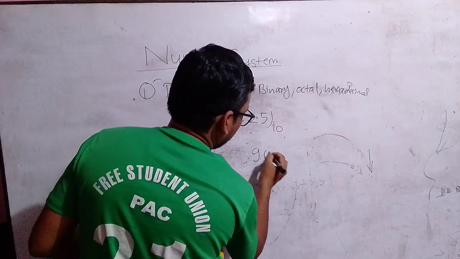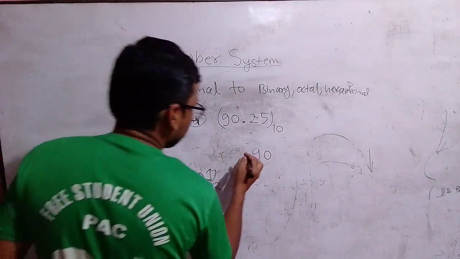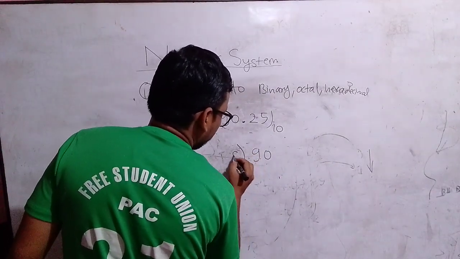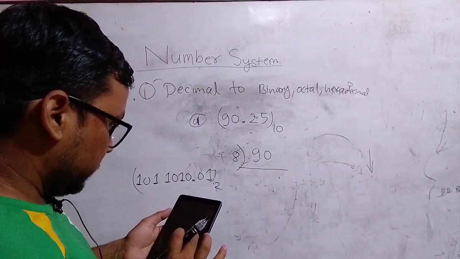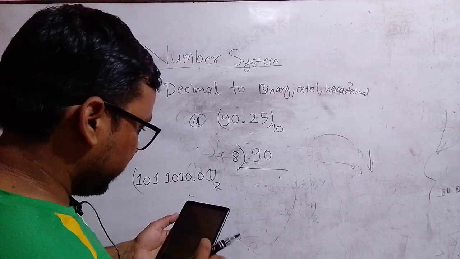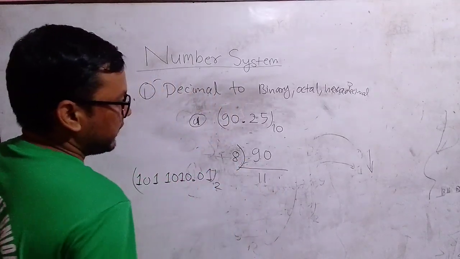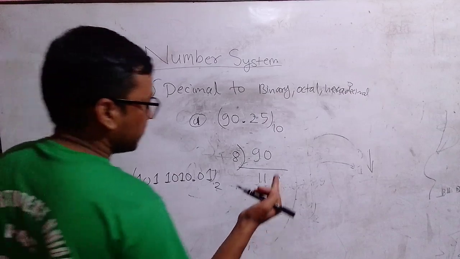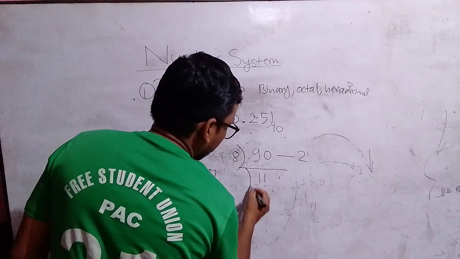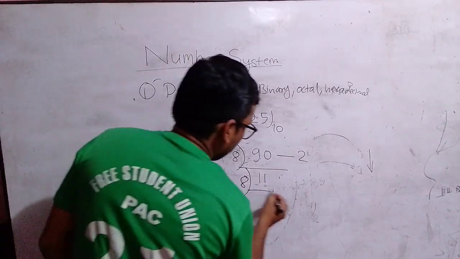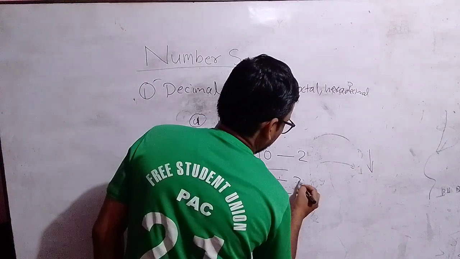Now 90. To get the octal equivalent of this decimal number, instead of dividing by 2, we need to divide it by 8. Now 90 divided by 8 is 11. 11 times 8 is 88. 88, 89, 90. That means the remainder becomes 2. And again we divide by 8. 1 times 8 is 8, 9, 10, 11, remainder 3.